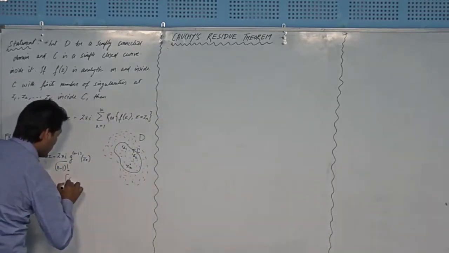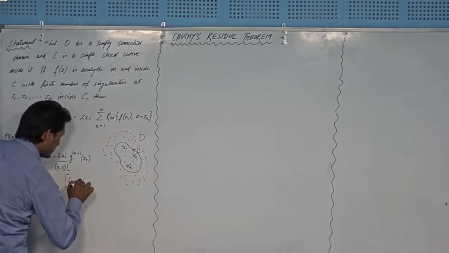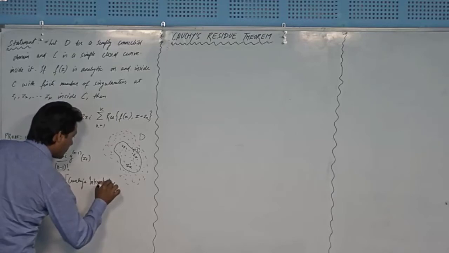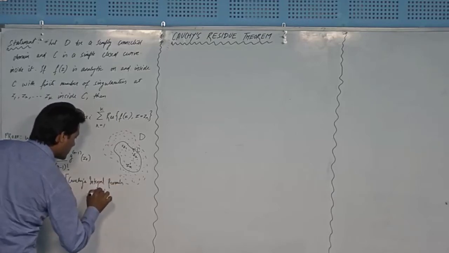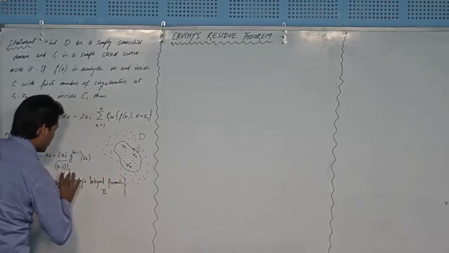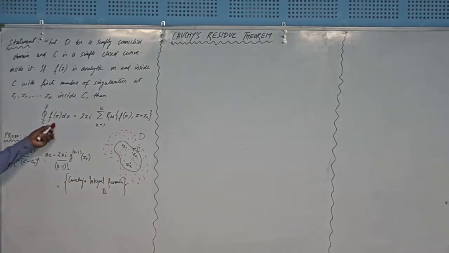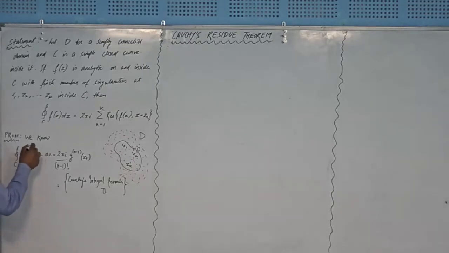So this was your Cauchy's integral formula and second formula. So what I will do, I need f(z), but here we have this one, so I will replace this by f(z).